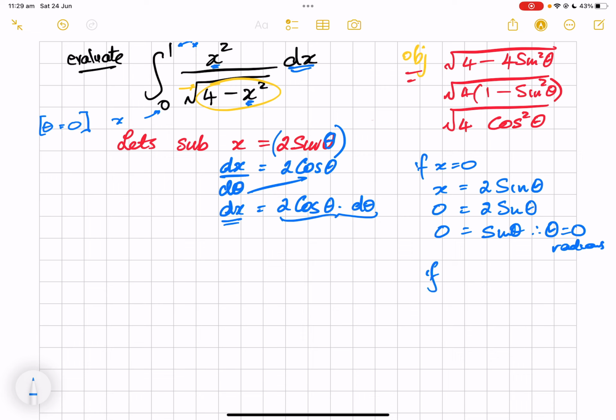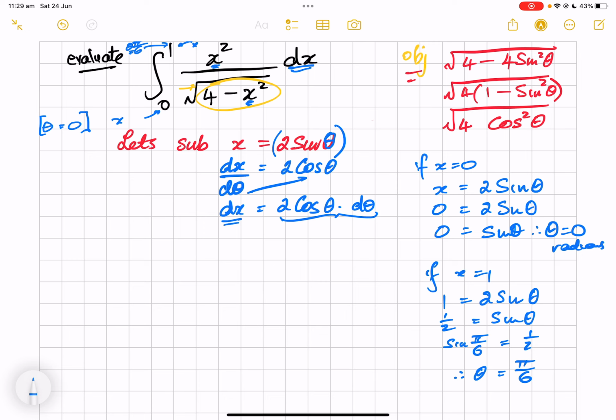And if x is 1, 1 equals 2 sine theta, half equals sine of theta. All right, for sine of theta to be half, since we know that sine of 30 degrees or sine of pi over 6 radians equals a half, therefore our theta value is going to be pi over 6. So we'll replace that with a theta value of pi over 6.